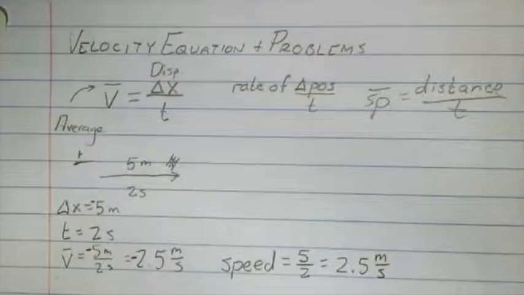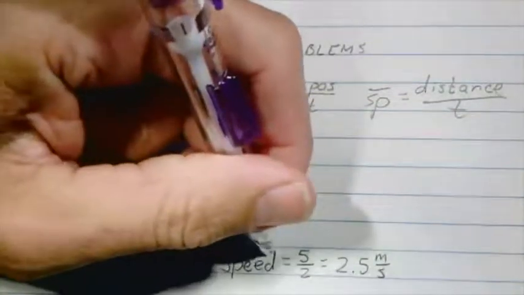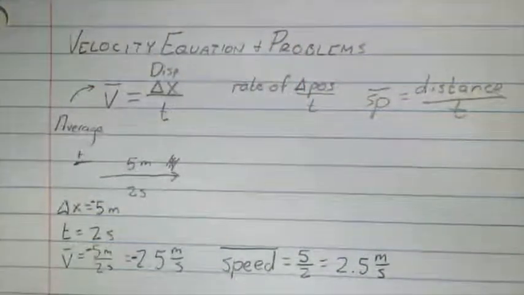When I called to the left positive, now they're opposites. Speed is how fast, and I forgot to draw, this is average speed, 2.5 meters per second. So the speed and velocity, if the motion is all in the same direction and all in the positive direction, will be exactly the same.